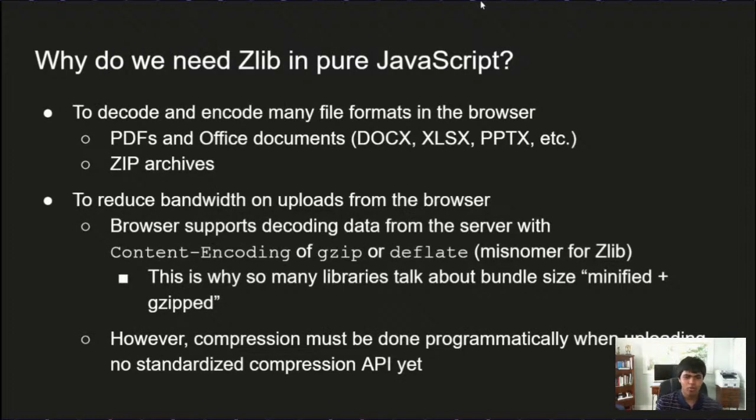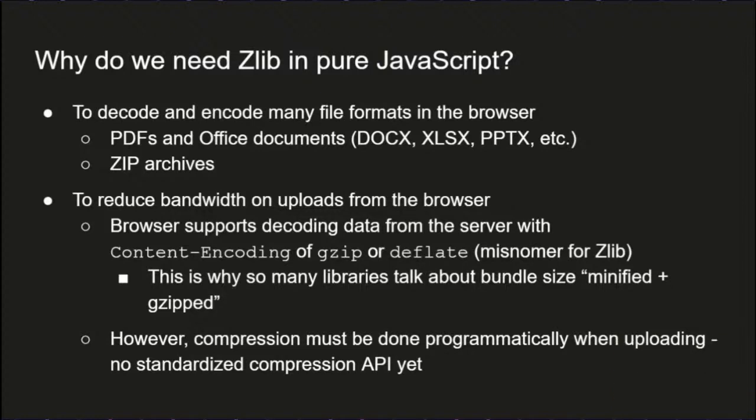So now I'll talk about why exactly we need this in pure JavaScript. So we obviously want to decode and encode some of the formats I mentioned. Being able to create a zip archive in the browser is extremely useful, because in the past, if people needed to create a zip, for example, of someone's personal data to give to them, they would probably host it on the server, compress it on the server, and then serve it down to the client.